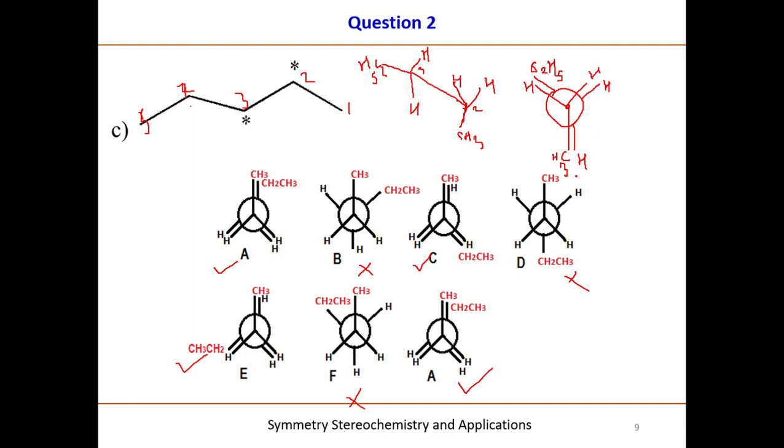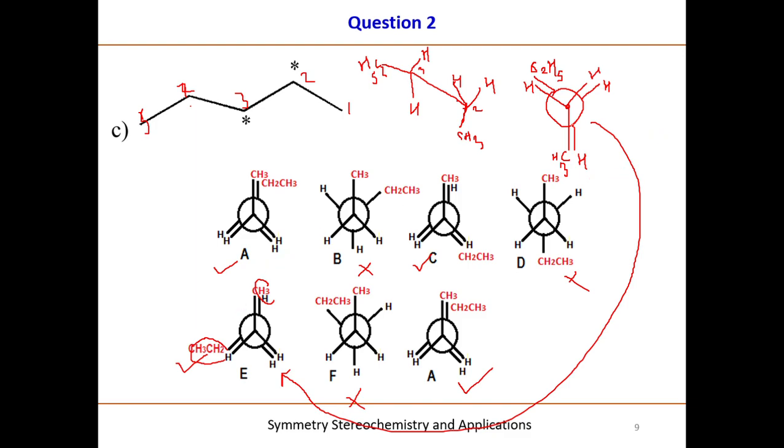Now you can check here. This is similar to this one. If you rotate it by 180, it depends on rotation only. The energy of these two conformations is the same, because here C2H5 is interacting with hydrogen and CH3 is interacting with H. That means they have similar energy.